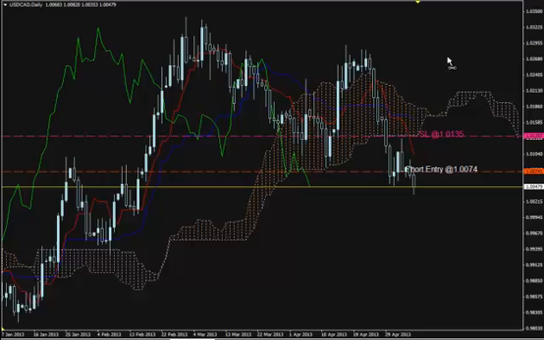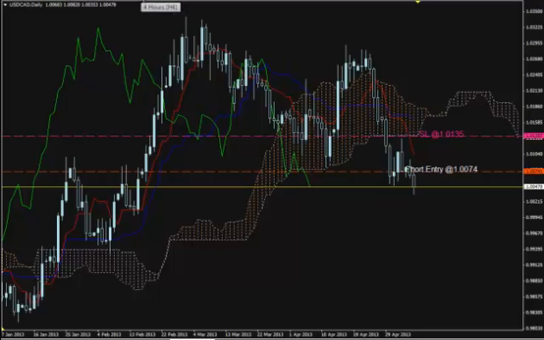Leading Kumo is bearish and it has a sharp edge which is indicative of its bearish aggressiveness. So definitely we get a 100% bearish picture on Ichimoku here.